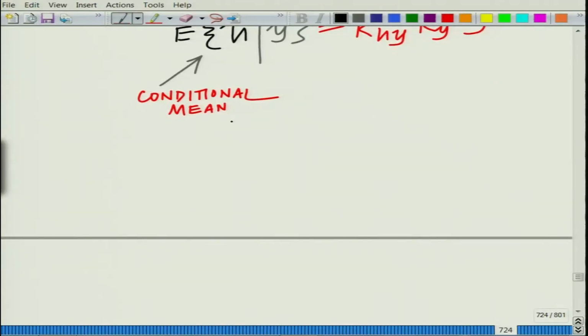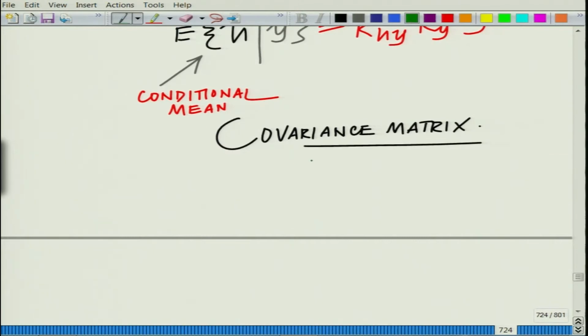Now, in order to determine the PDF, we also have to determine the covariance of h bar given y bar. So what is remaining is the conditional covariance matrix, denoted by the covariance of h bar given y bar. What is this quantity?